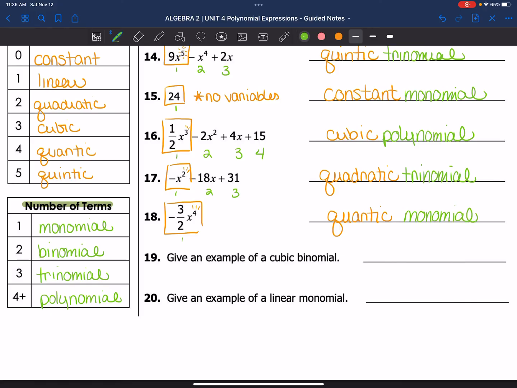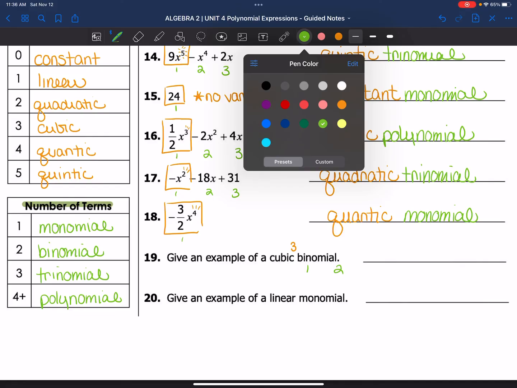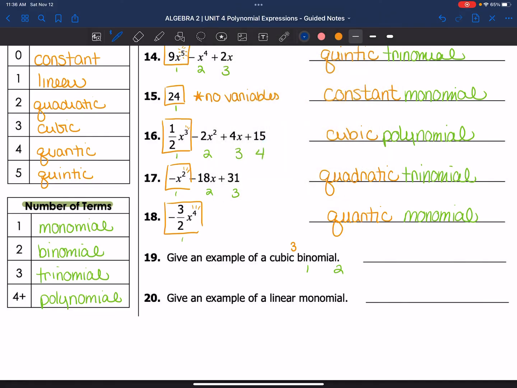Now let's give an example of a cubic binomial. Because it's cubic, it's going to have a power of 3, and binomial means that there should be 2 terms. So we want to begin by having 2 different terms. Let's pick a variable.